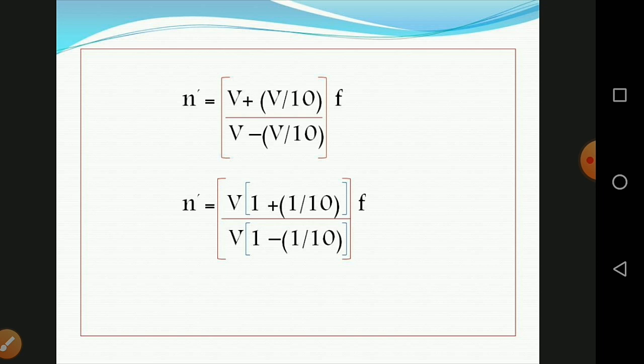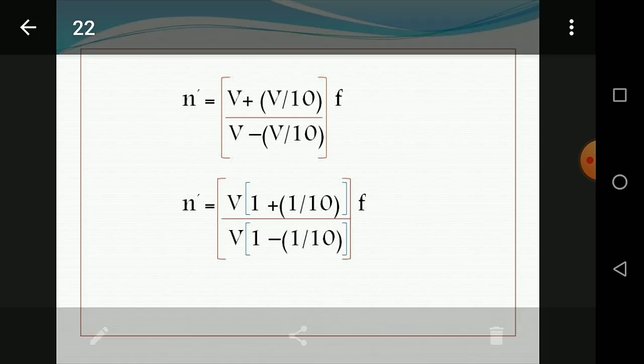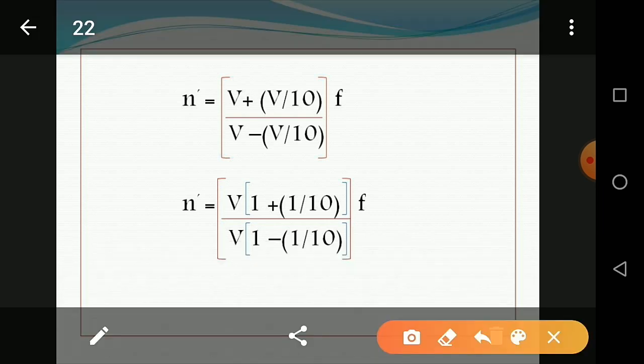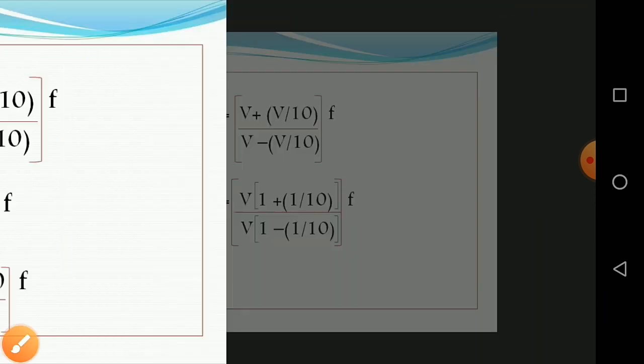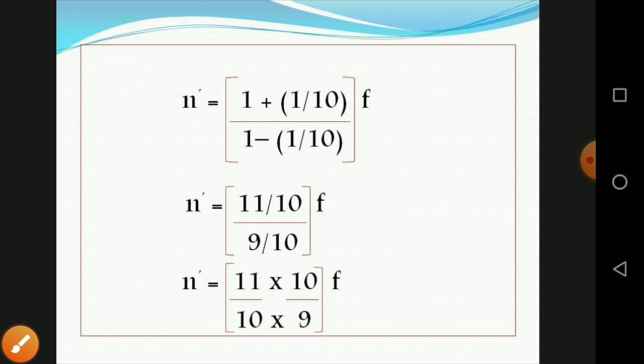So n' is equal to (1 + 1/10) divided by (1 − 1/10) into f.